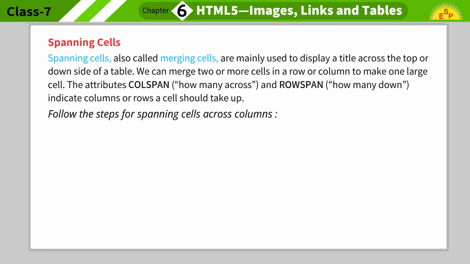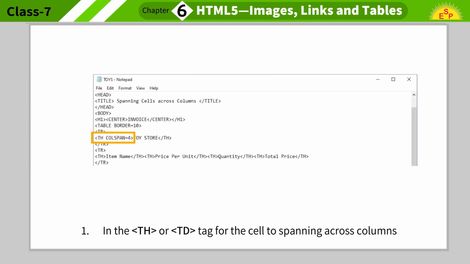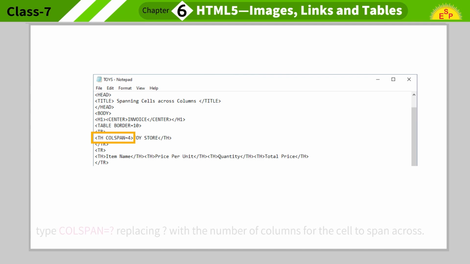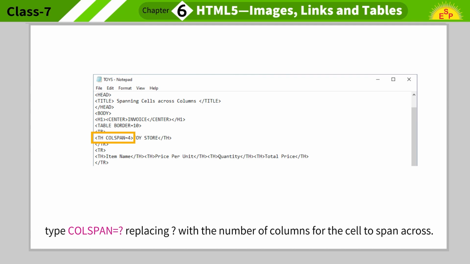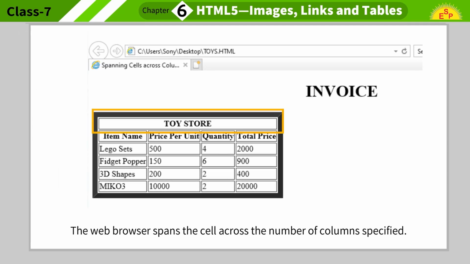Follow the steps for spanning cells across columns. Step 1. In the TH or TD tag for the cell to span across columns, type colspan equals, replacing with the number of columns for the cell to span across. The web browser spans the cell across the number of columns specified.